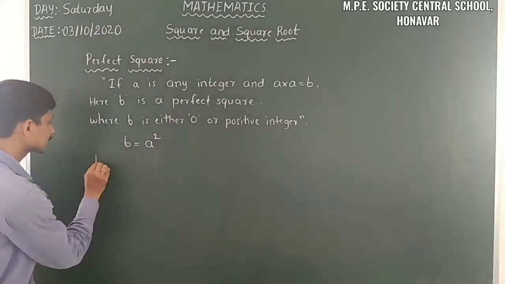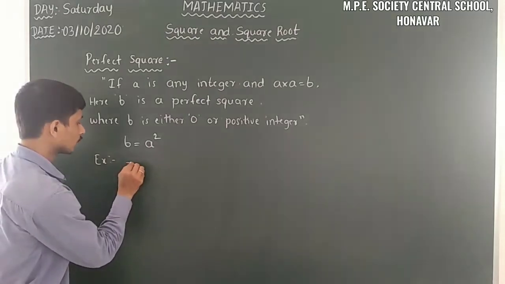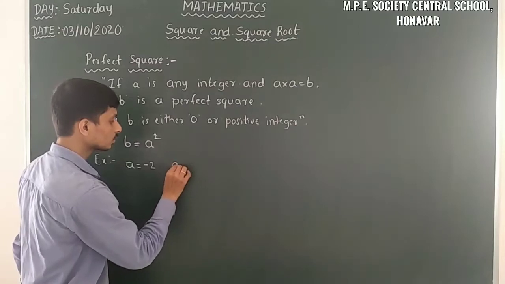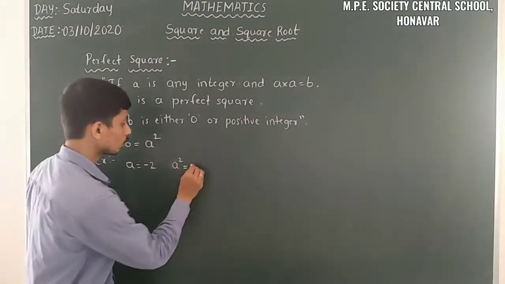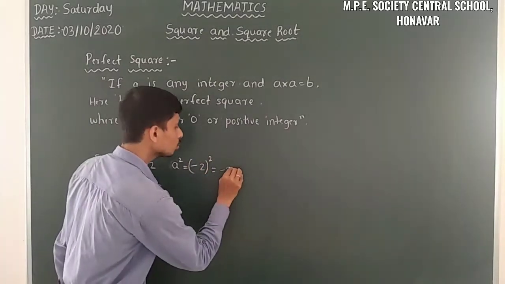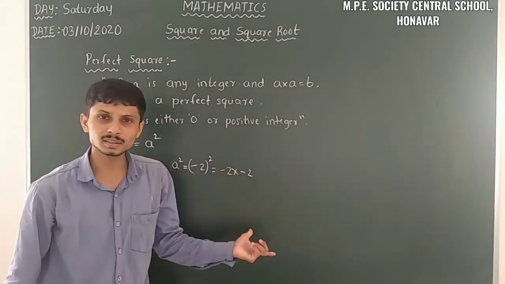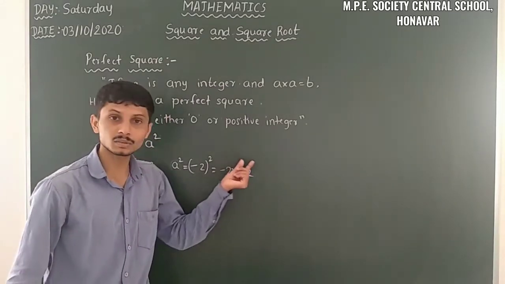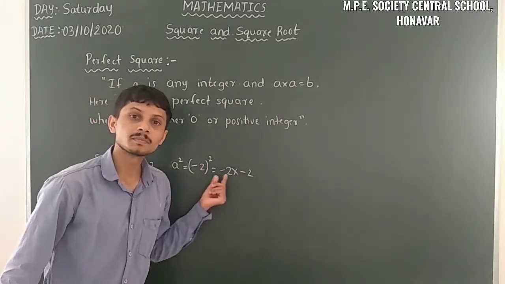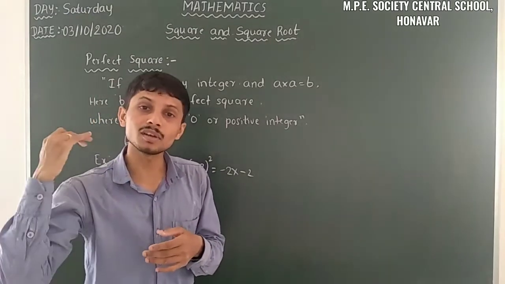For example, when a is equal to minus 2, then a square is equal to minus 2 whole square, which is minus 2 into minus 2. Just observe here, 2 into 2 is 4. When we square the number, we multiply the minus sign also 2 times, and minus into minus is always positive.